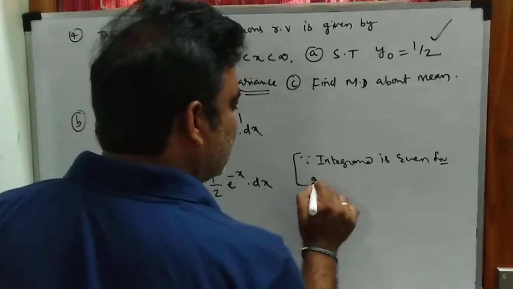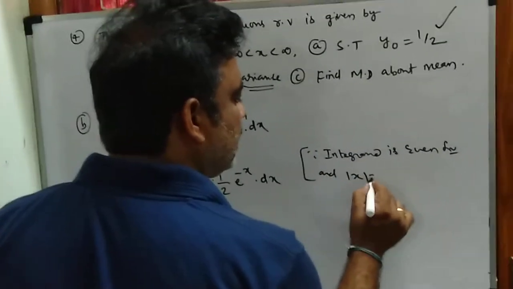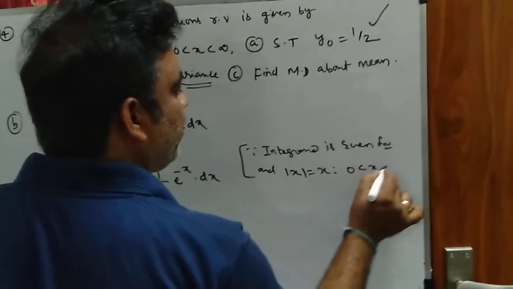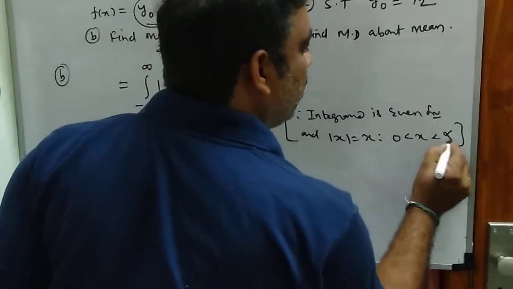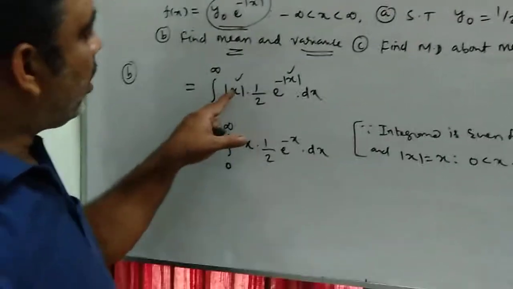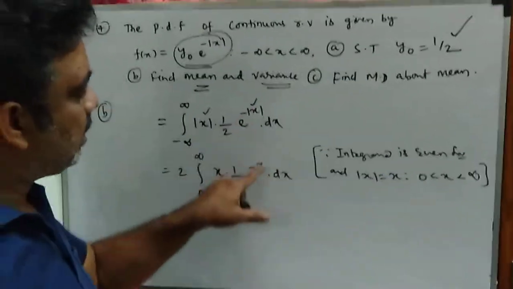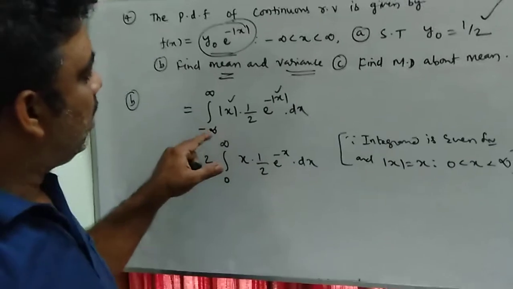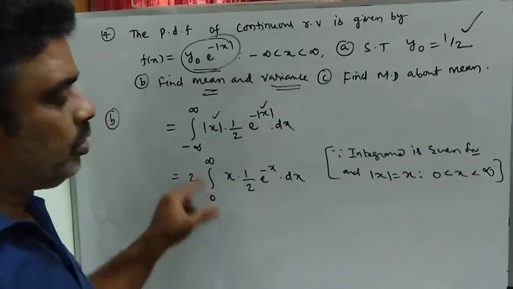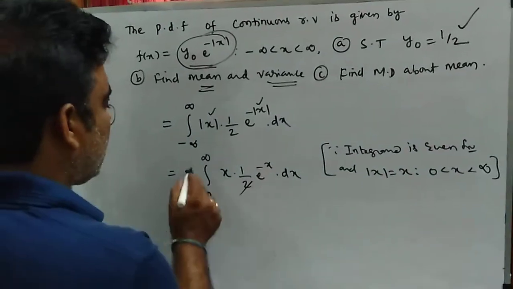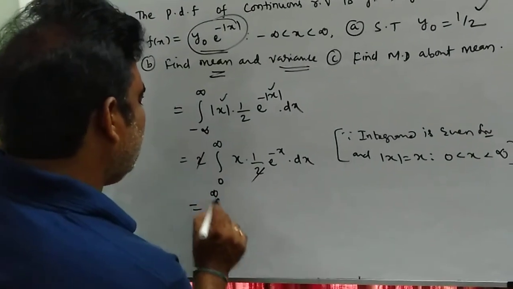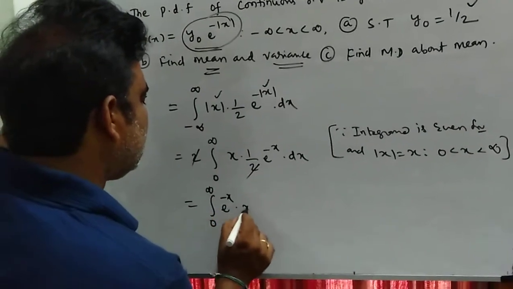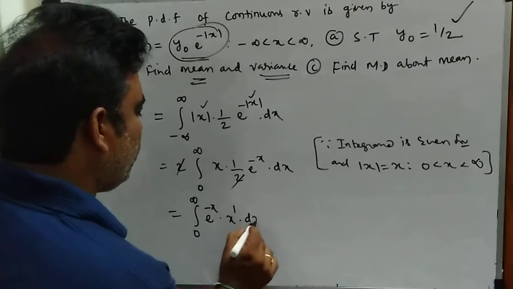And moreover, the second condition is mod x is equal to x when x is between 0 and infinity. By using the two conditions, mod x is x from 0 to infinity and the integrand is even, so 2 into 0 to infinity. The 2s cancel, and this value is the integral from 0 to infinity of e power minus x, x power 1 into dx.